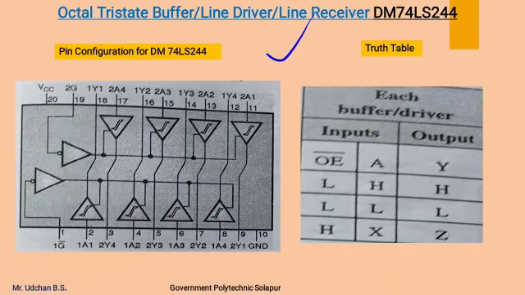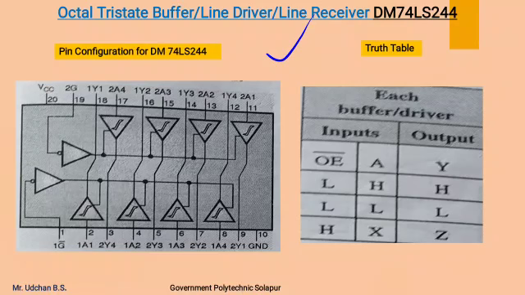The pins labeled 1A1 to 1A4 and 2A1 to 2A4 act as the 8 input lines of the 8 buffers, whereas the pins labeled 1Y1 to 1Y4 and 2Y1 to 2Y4 are the corresponding output lines. The 1 OE bar and 2 OE bar are the active low output enable inputs.